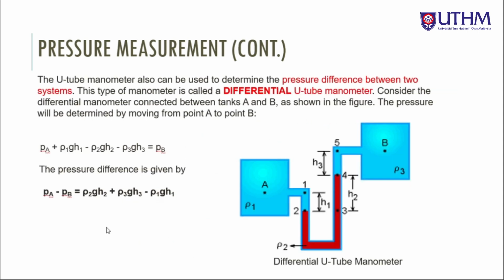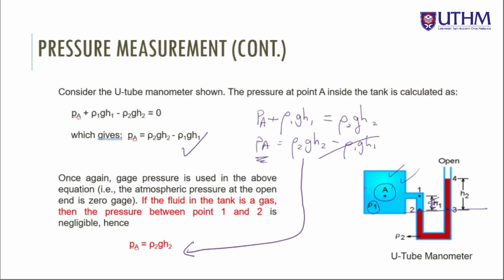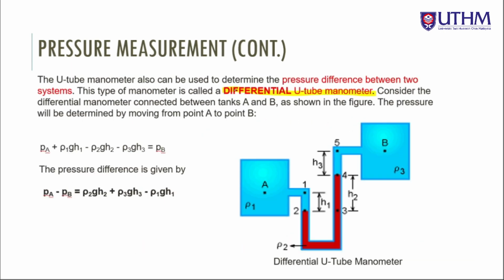Alright. So actually kita ada satu lagi tambahan kat sini, which is differential U-tube manometer. So apa yang berbeza kat sini? Kalau kita tengok manometer tadi kan, dia ada satu container, satu lagi dia ada open end. But for differential U-tube manometer kita ada dua-dua container.